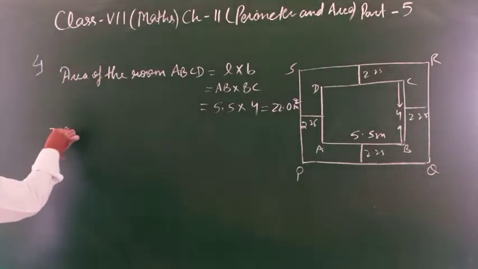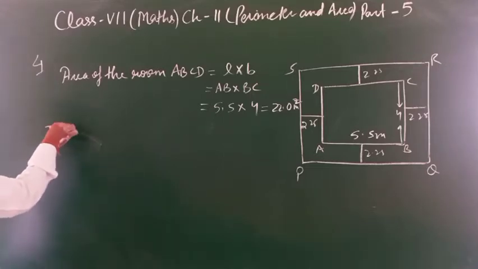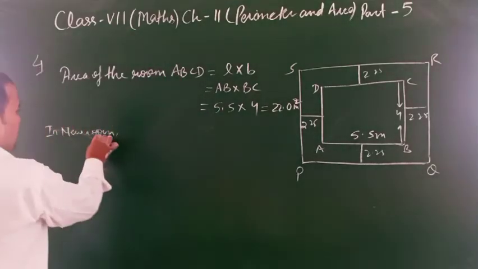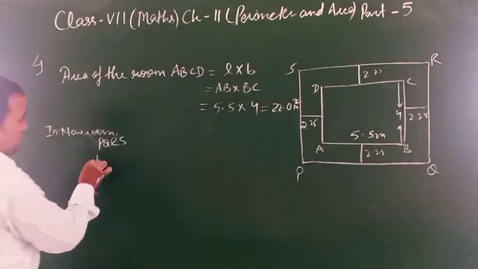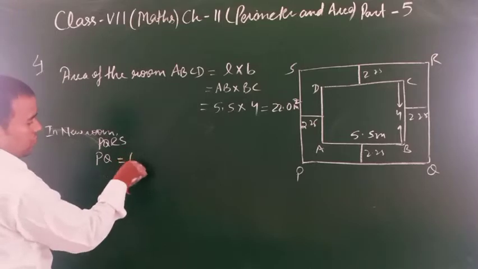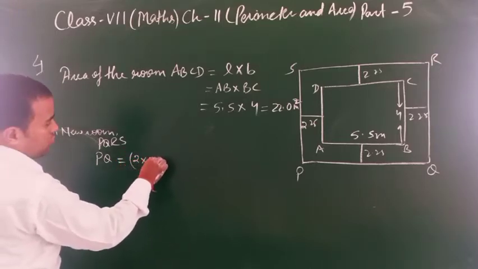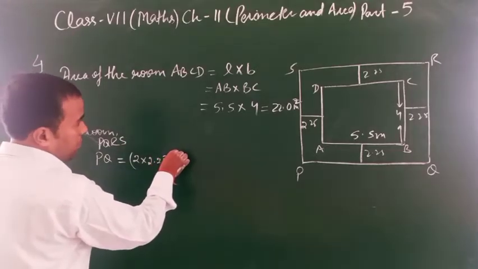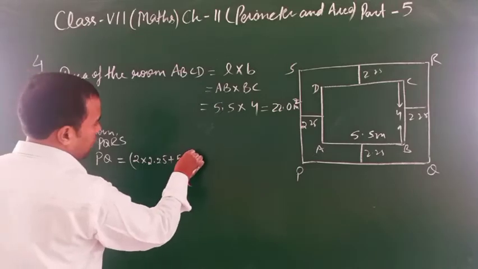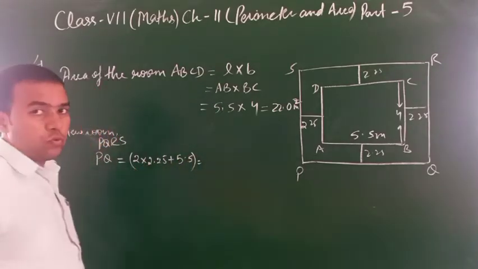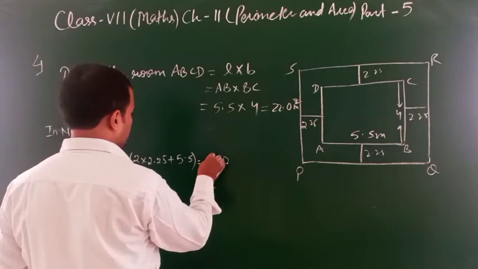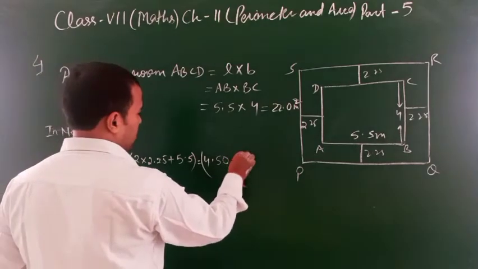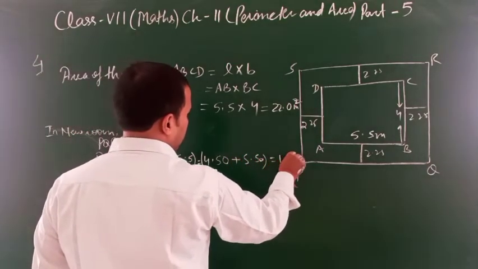In the new room PQRS, length means PQ equal to 2 into 2.25 plus 5.5, means 2 into 2.25 means 4.50 plus 5.50 equal to 10 meter.